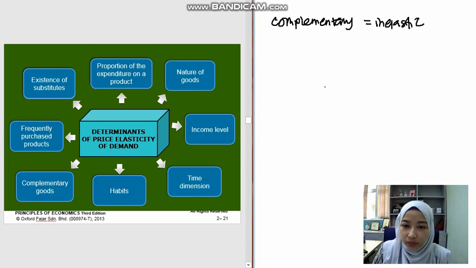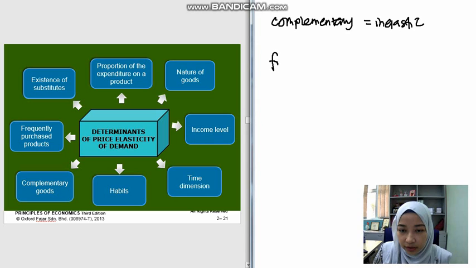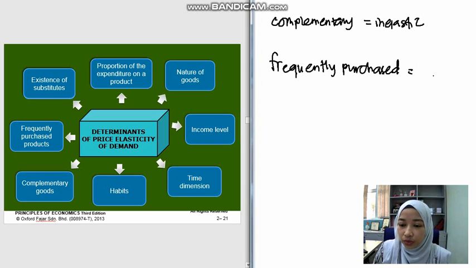If we compare products that are rarely purchased and frequently purchased, products that are frequently purchased, for example, food or normal goods like t-shirts or shoes or any other types of products that you can buy daily, usually for this kind of products the demand will be inelastic, because you will buy this product daily. So like it or not, you still need to buy.